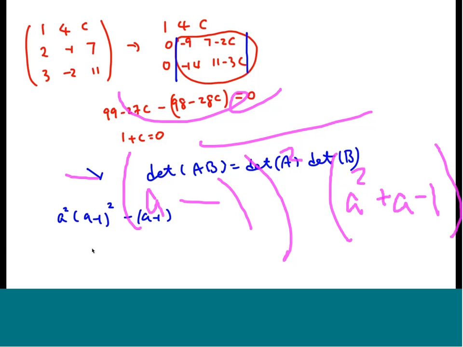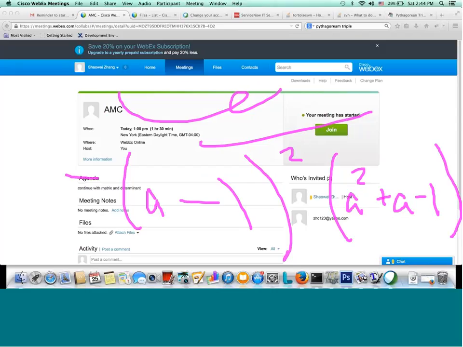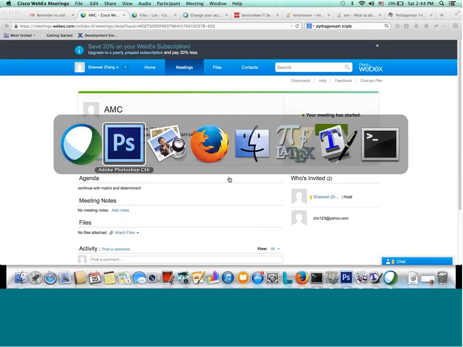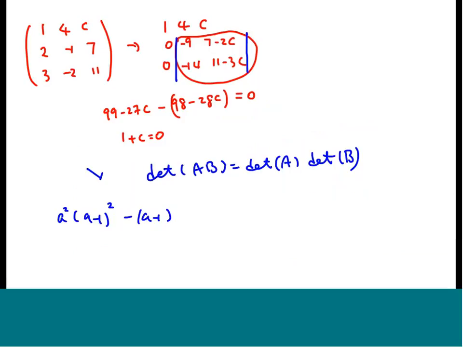Interesting, actually. Hold on, I stopped it. Oh, okay, so you have a minus 1 square, a square plus a minus 1. Negative. So here is negative. No, the whole thing is negative. Oh, okay.